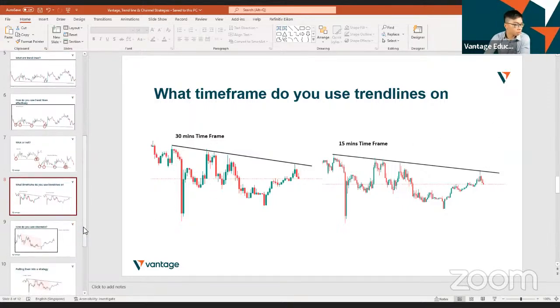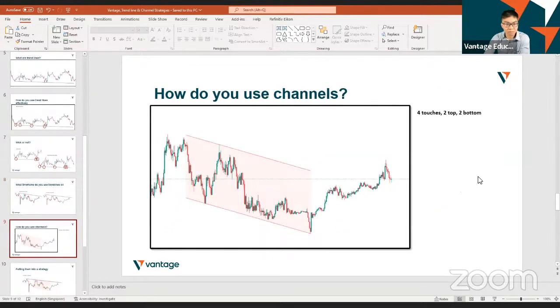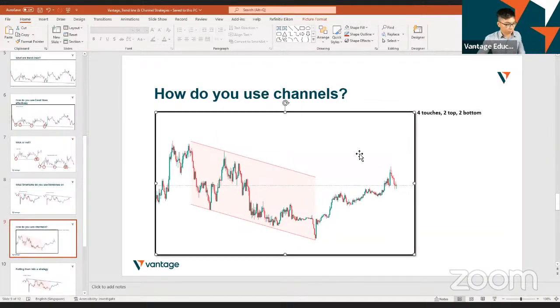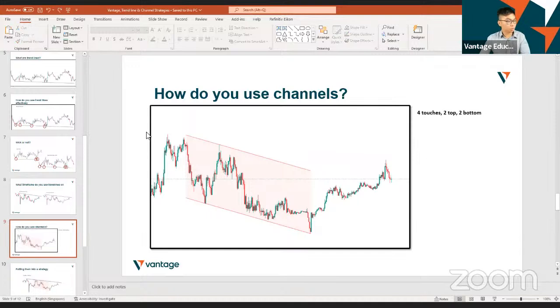So how do we use channels? A channel, we can have a bearish or a bullish channel. Let me type out bearish or bullish channel. Okay, so right here, what we have is a bearish channel where there are two touches.